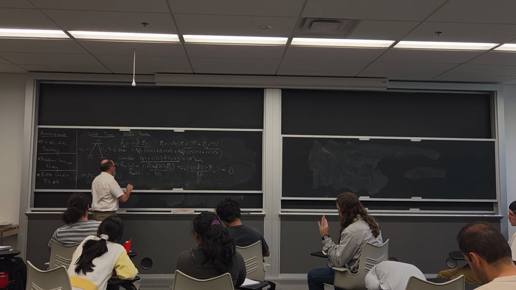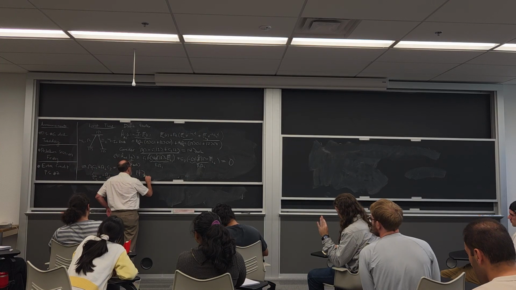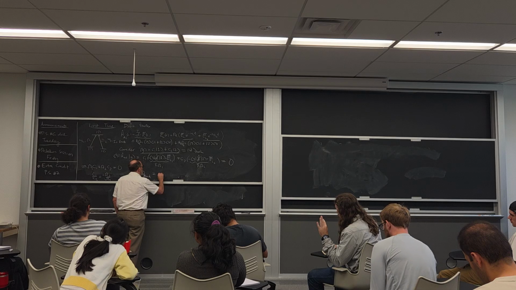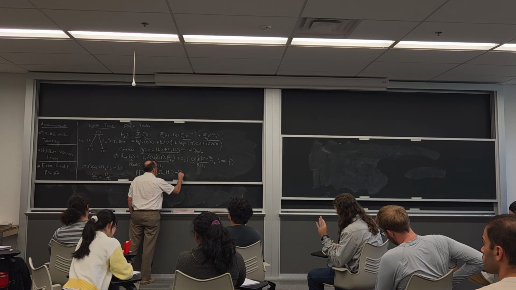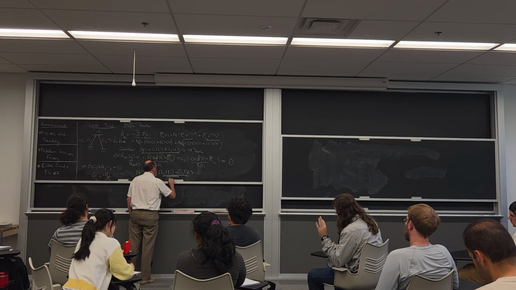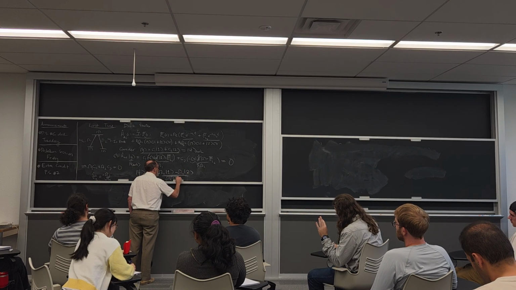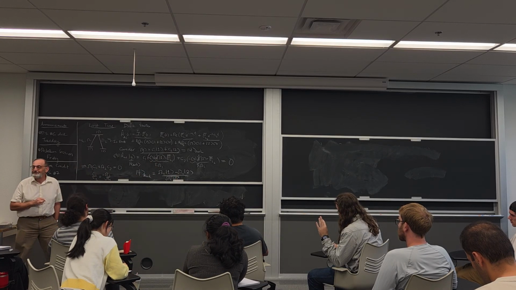So this particular superposition, which has omega 2 in level 1 and omega 1 in level 2, normalized, is the dark state.